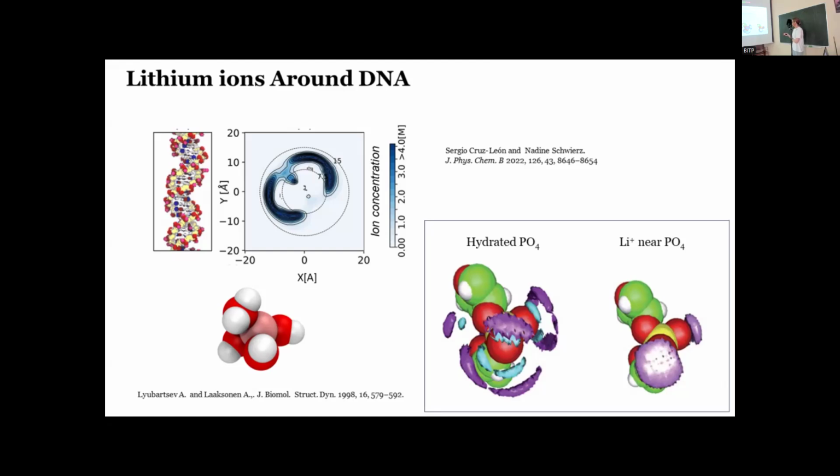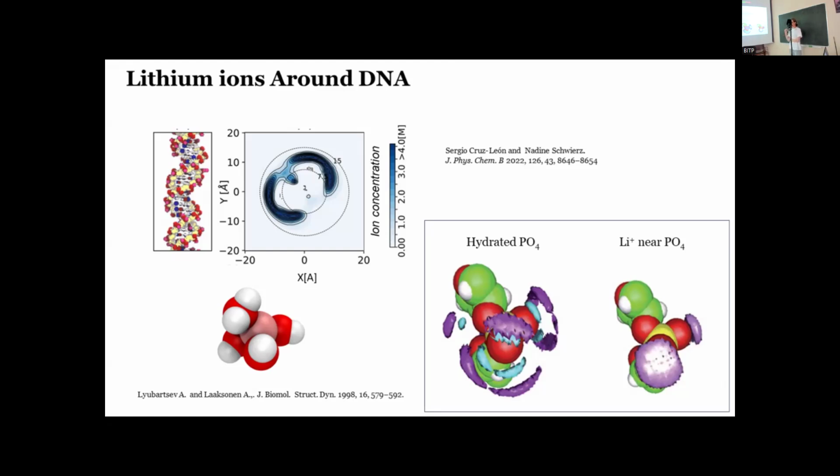The same spatial distribution function is shown for the lithium ions, in violet, near the same binding site. One can see that the lithium preferred position follows the hydration structure of the phosphate group, indicating that lithium ions can be accommodated particularly well within this environment.